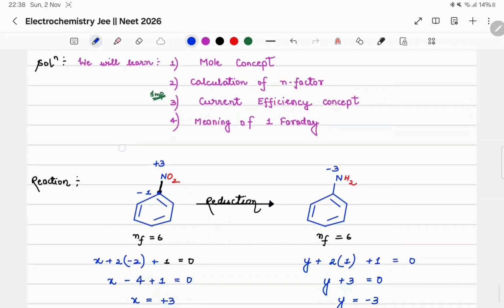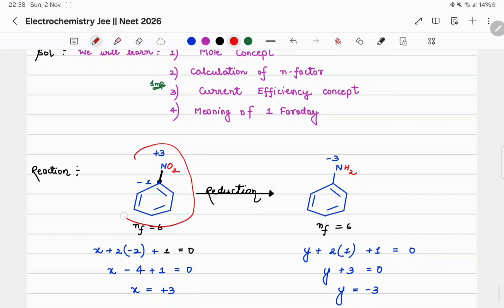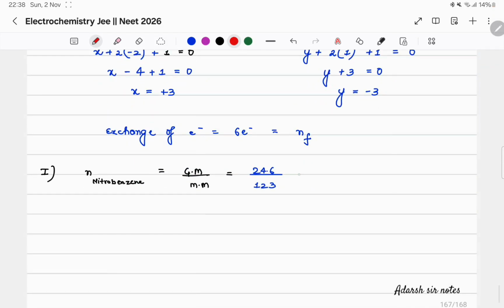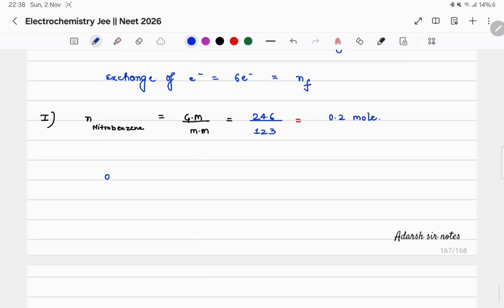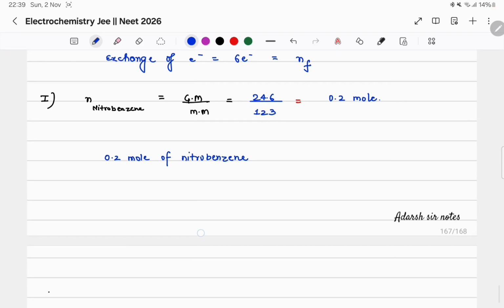You can check it; when you calculate the whole thing, it will come to 123. So 24.6 divided by 123 comes to 0.2 mole. The calculation part you can do. So 0.2 mole of nitrobenzene.